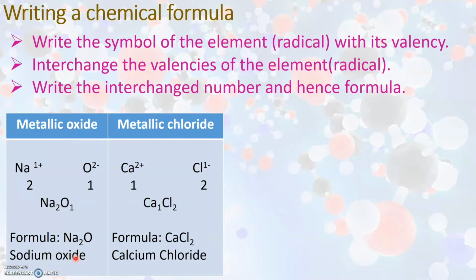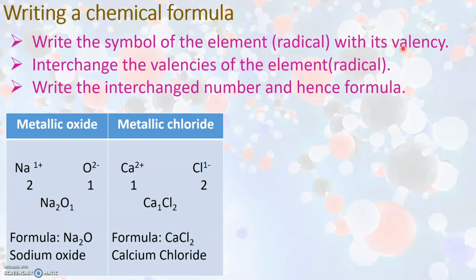Now let us see how it is. We need to follow these three steps in this order. So let us see the first step. It says, write the symbol of the element or radical with its valency. Now we have already studied the symbols of various elements and also the valency of various elements.